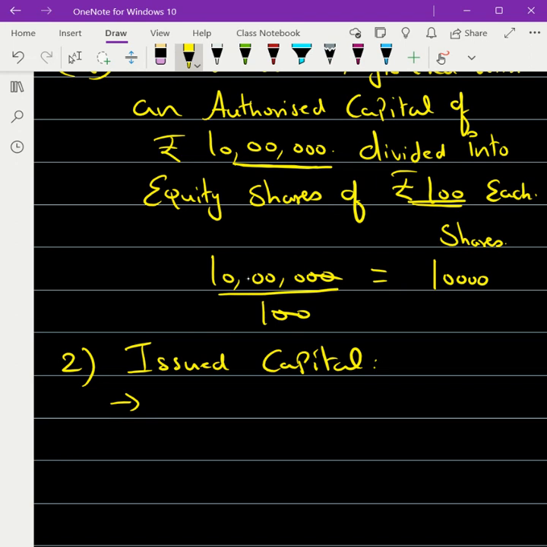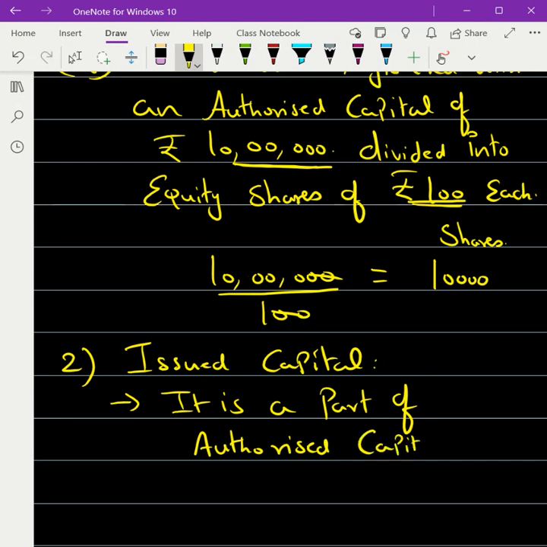It says very clearly it is a part of your authorized capital which is issued to the public for subscription.